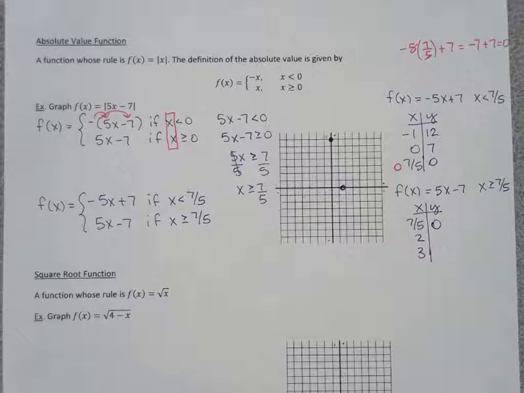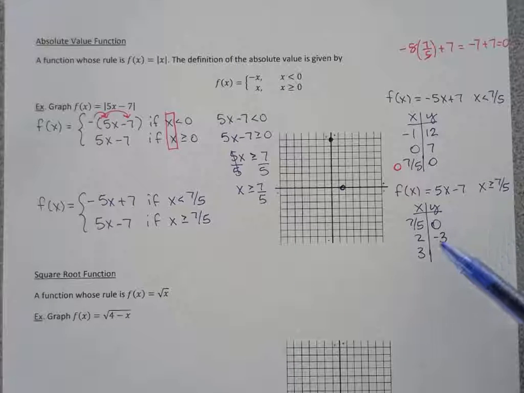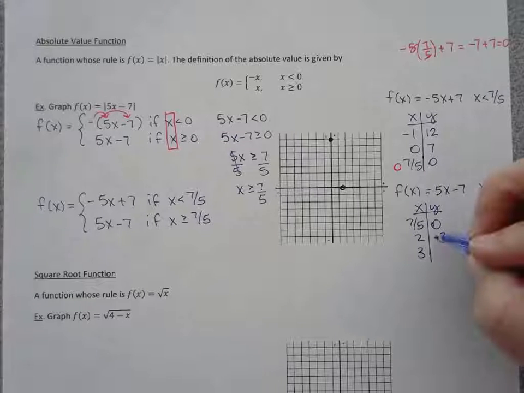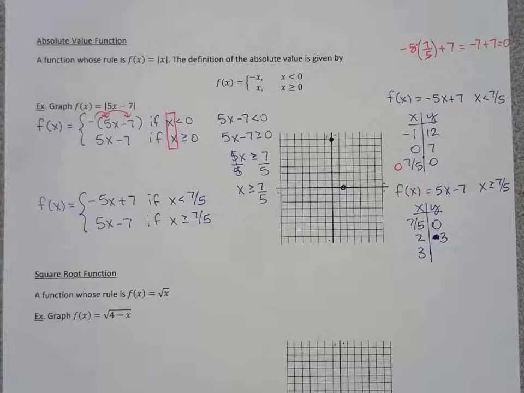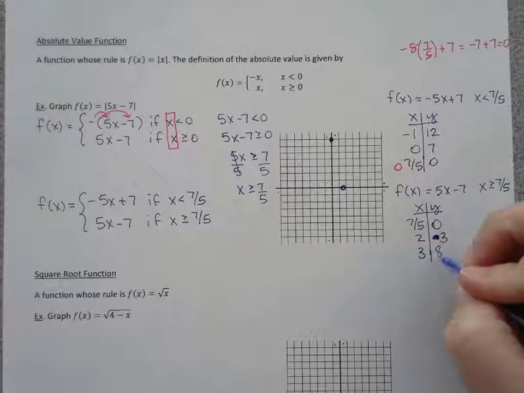When we substitute 2, we have 2 times 5, which is 10, minus 7 is 3. And then when we substitute in 3, 5 times 3 is 15, minus 7 is 8.